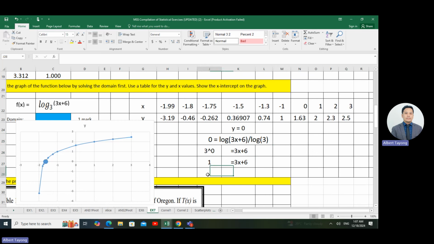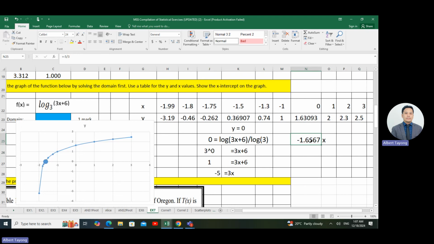You transfer 6 to the other side, that would be 1 minus 6. Negative 5 equals 3x. So we divide both sides by 3. So we have negative 5 over 3. That is your x.